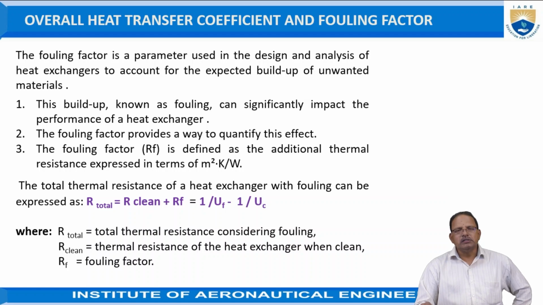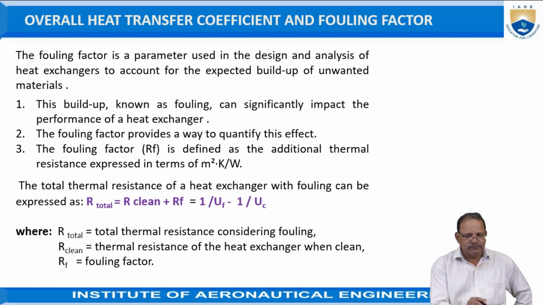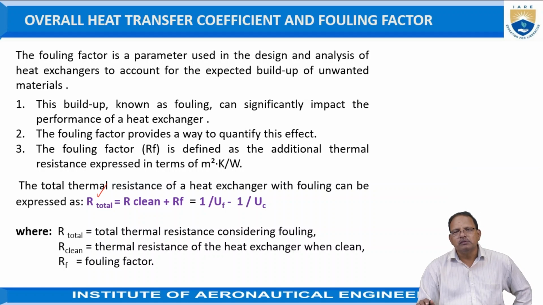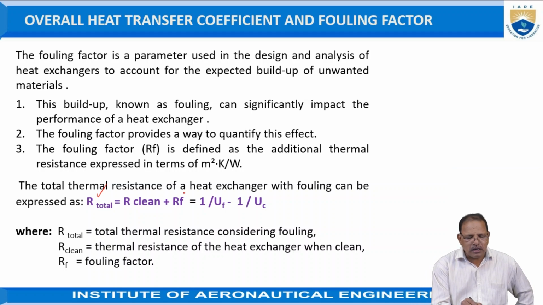So the total resistance of a heat exchanger with fouling can be expressed as R total, which is equal to the resistance offered by the tube when it is clean, that is, when put into operation or after regular maintenance, plus RF, the fouling factor. It can be represented as 1 by UF minus 1 by UC.